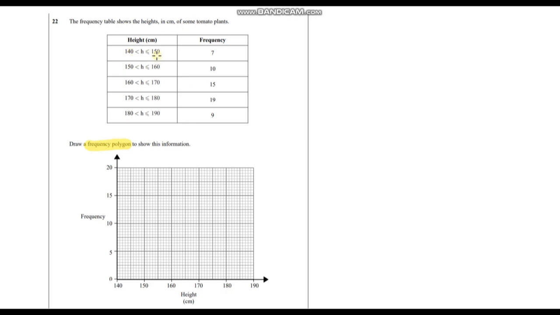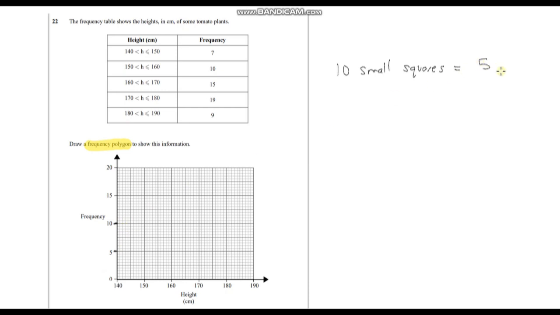So there are 7 tomato plants that have a height between 140 and 150. So what we do is we use the midpoint. So we're going to look at 145 centimeters, and we're going to go up to 7. Now it looks like here we've got 10 small squares, which equals 5 plants. So we're going from 5 to 10.